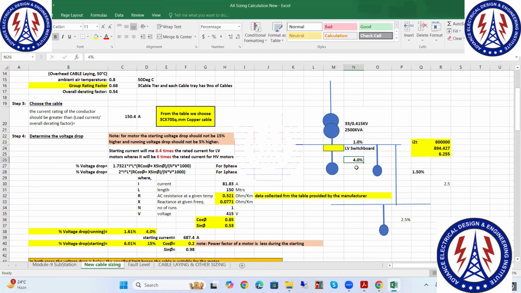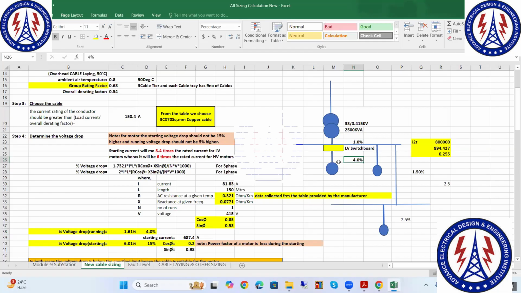Overall, it's 5%. If you take 2% here, then it will be 3% from panel to motor. So accordingly, it will be changed. It's overall from the source to the load. This voltage should be available. Clear?